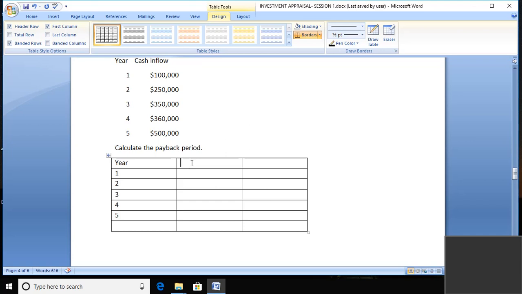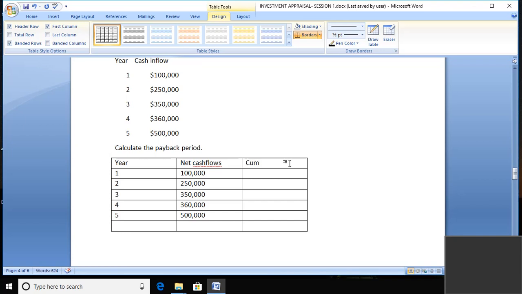Then the net cash flows: we have 100,000, then 250,000, the next one is 350,000, the next one is 360,000, and the last one is 500,000.